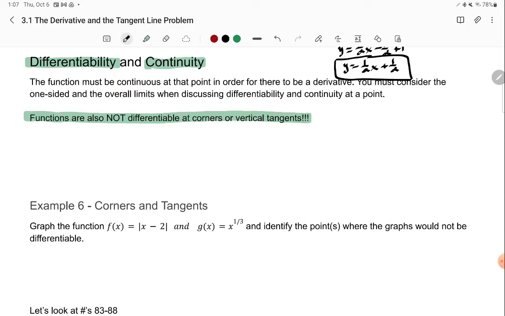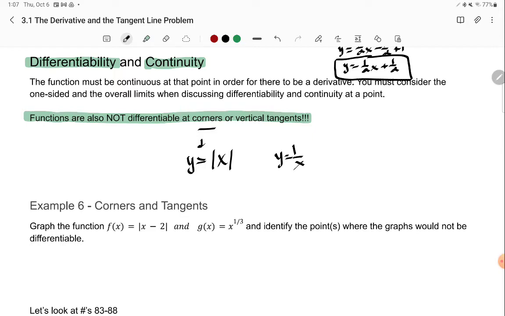You're going to see corners in absolute value functions, and you would see vertical tangents, also asymptotes. So if you look at y equals 1 over x, that has those asymptotes. They are not continuous at those points. So you need to be careful.